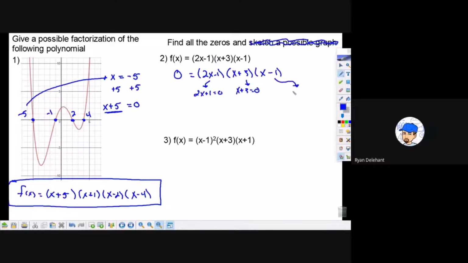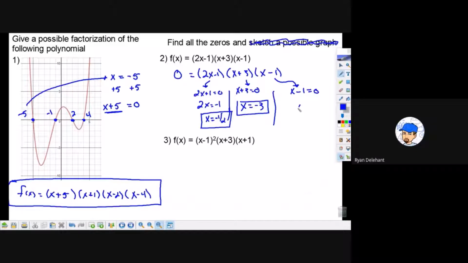And it will tell me where this thing should cross the x-axis. So this one will have three x-axis crossings. So let's see, this is 2x equals -1. So that's 1/2. So that means we should have an x-intercept of -1/2, 0. This one's going to be -3.